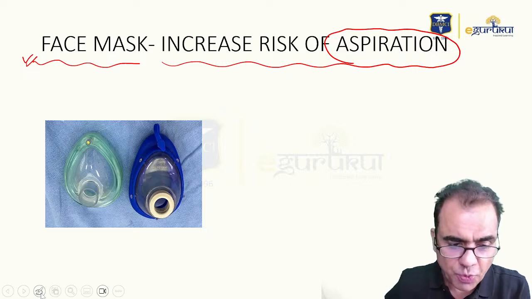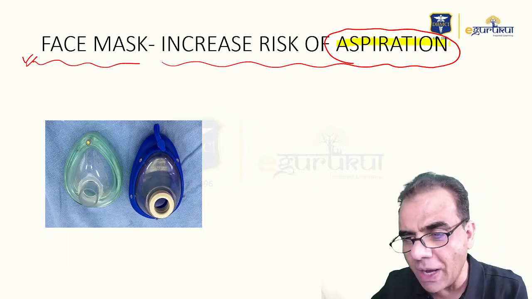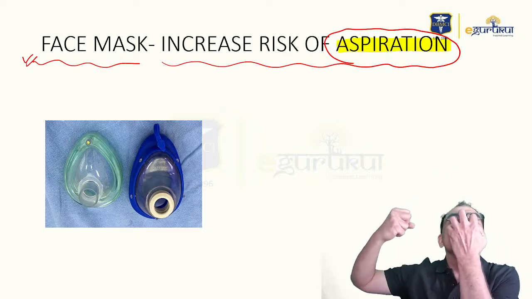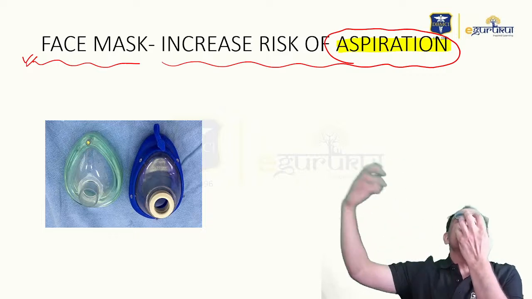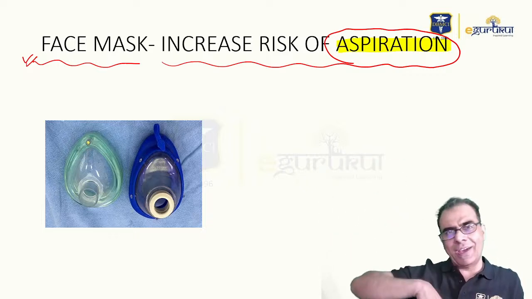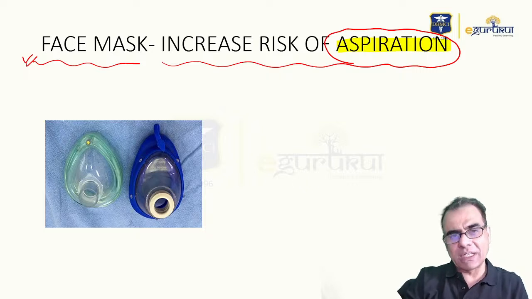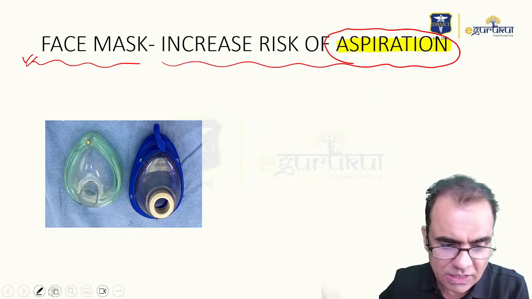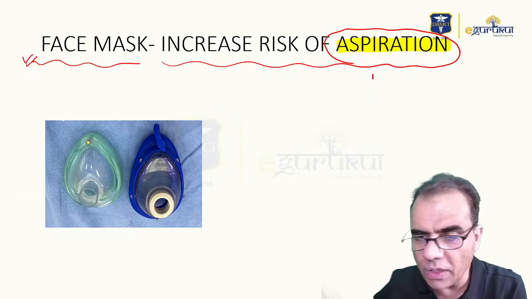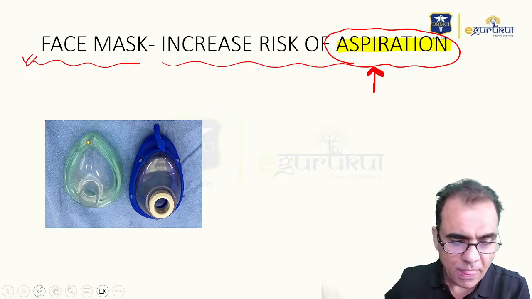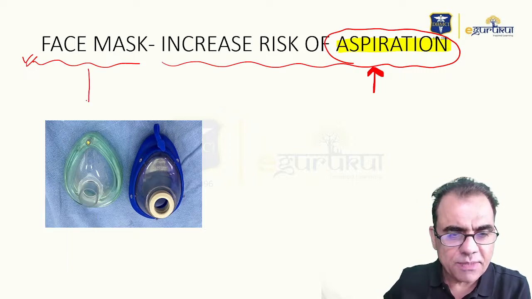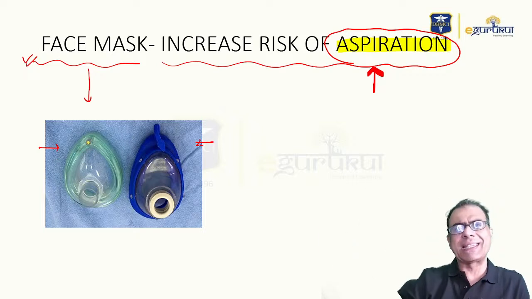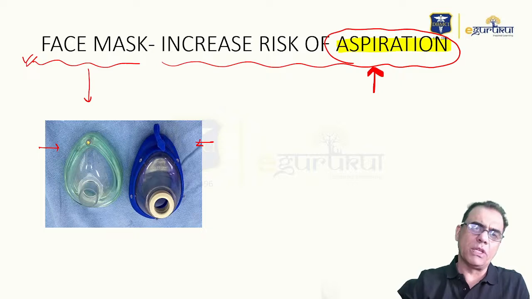The risk of aspiration is tremendously increased with mask ventilation, because when you are ventilating the patient with a Bain's circuit and mask, air will also leak into the esophagus, increasing the intragastric pressure and the risk of aspiration. Face masks are available in different sizes, almost 5 to 6 sizes, based on the age of the patient.